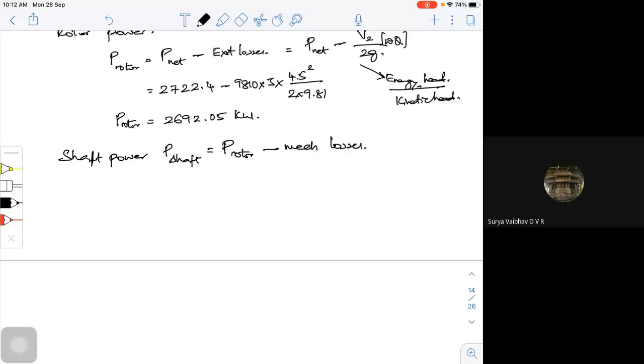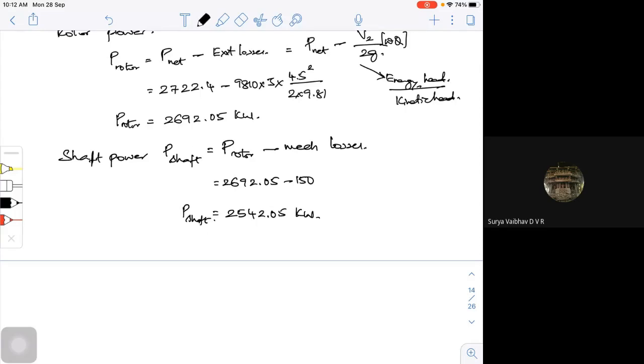So your rotor power is 2692.05 minus your mechanical losses, which is around 150 kilowatts, given in the numerical. So this will be 2542.05 kilowatts, which is my shaft power. Now I got all my things.